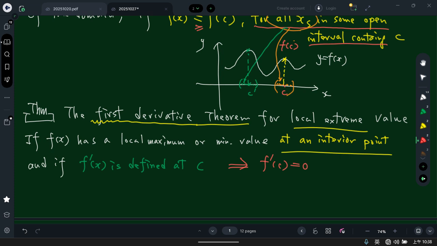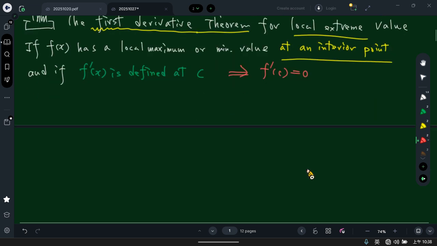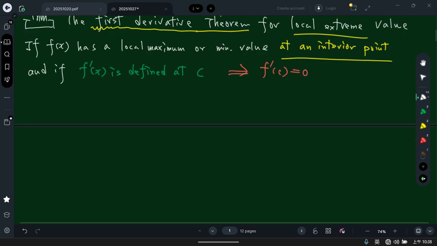This is very important. Let me repeat again. If at some interior point we can find the maximum value or minimum value, and if it's differentiable, that means we can find the derivative at this point C, then we can conclude f prime of C should be 0.